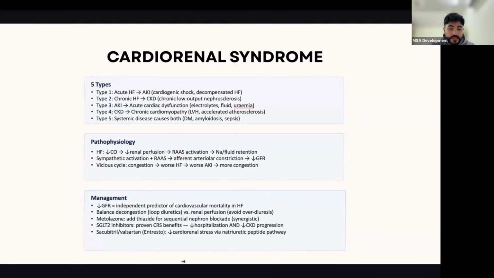Lastly, we give them sacubitril and valsartan. This is a combination medication we call Entresto. Now, what does it really do? You remember that we mentioned earlier that in the ventricles, if there's a lot of blood pumping, you're going to have ANP and BNP being released. When ANP and BNP are released, what is it going to do? It's going to go and inhibit the RAS, so that, okay, we have this extra fluid, I don't want it, let it out.